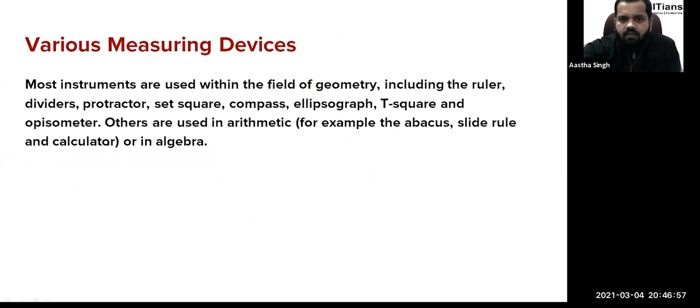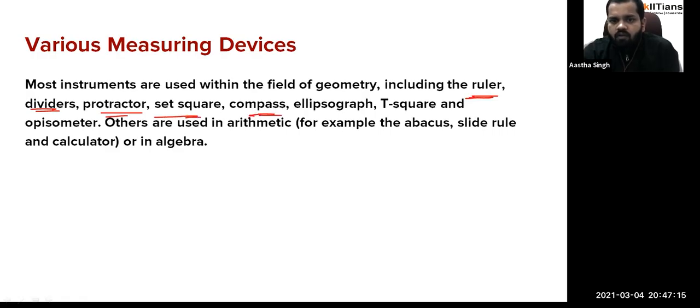First we are studying what angle bisector means. Then let us study the various measuring devices. In the field of geometry, there are various measuring devices, basically your measuring tools like your ruler, dividers, compass, set square.